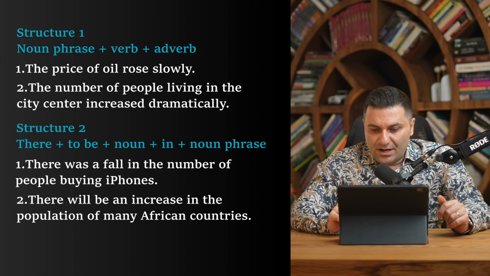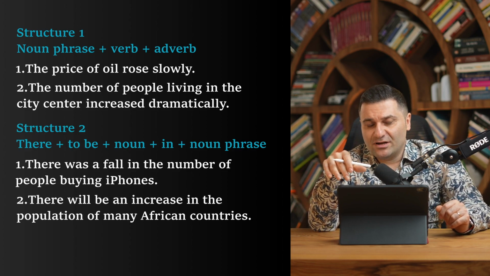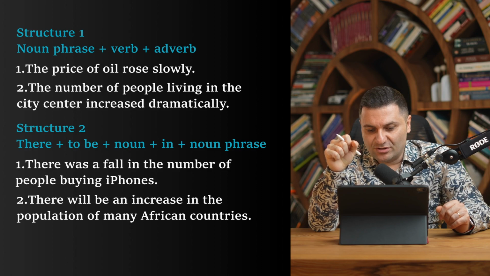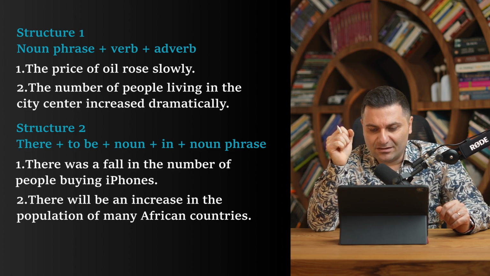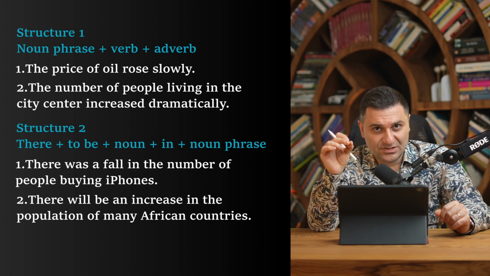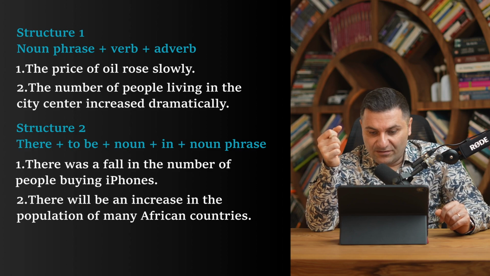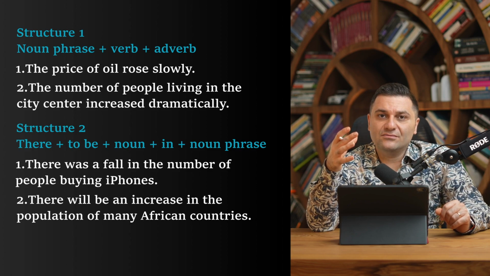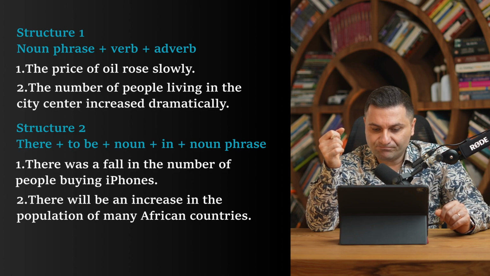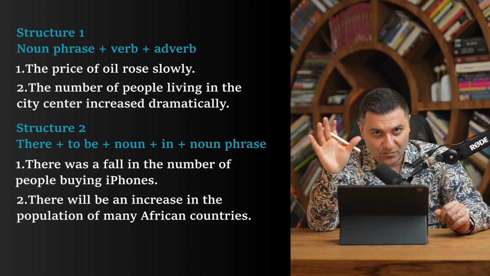All right, so in our second simple structure, we often add some details to the middle noun. For example, we usually use "of" plus a number.